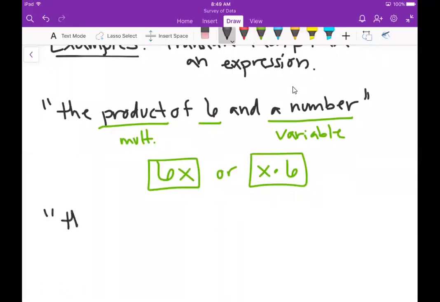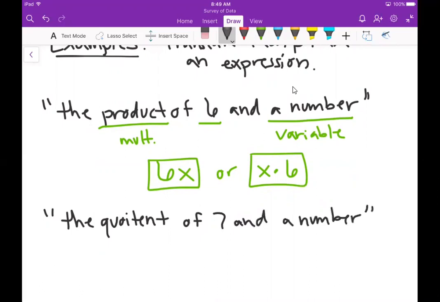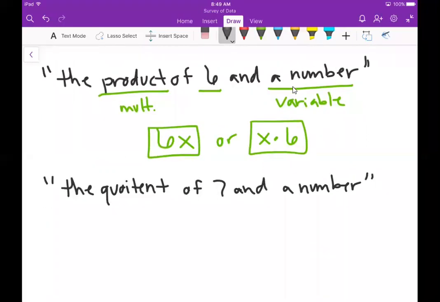The next one here, the quotient of 7 and a number. Okay, so we're starting to recognize some things that are similar and some things that are different. So if you look back up at your list, quotient means to divide. And this time we're going to divide 7 and a number.